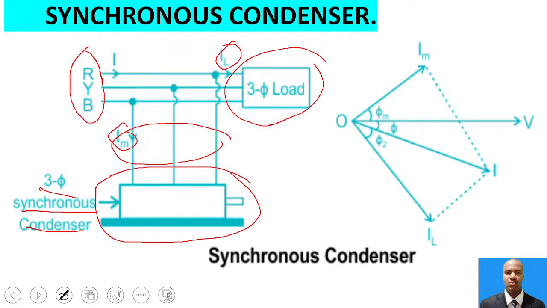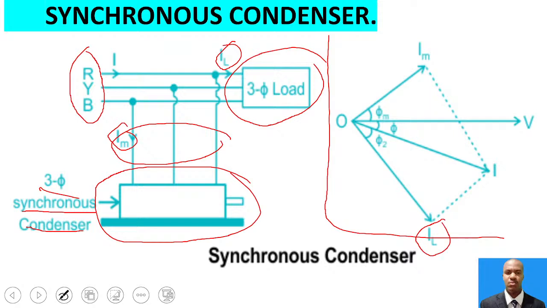So it simply implies that, from our phasor diagram here, if you look keenly, we have a current IM and a voltage V, and that is simply our initial voltage and current. Then we have another current I and another current IL.